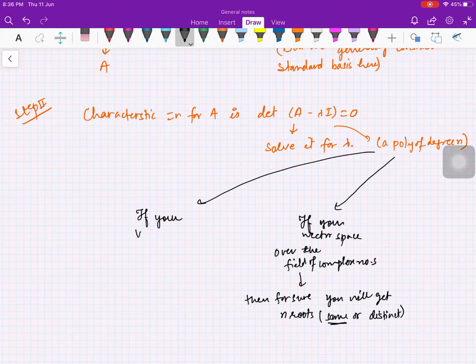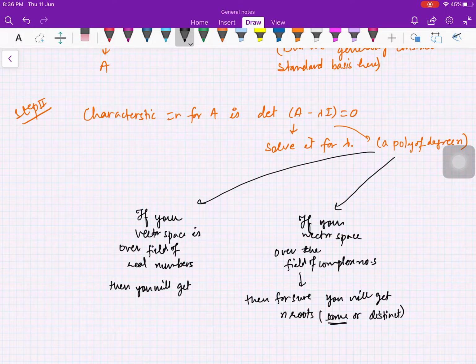And if your vector space is over the field of real numbers, then you will get roots less than or equal to n, and it may be possible there is no root. For example, if your polynomial looks like x square plus 1 equal to 0, there is no real root.